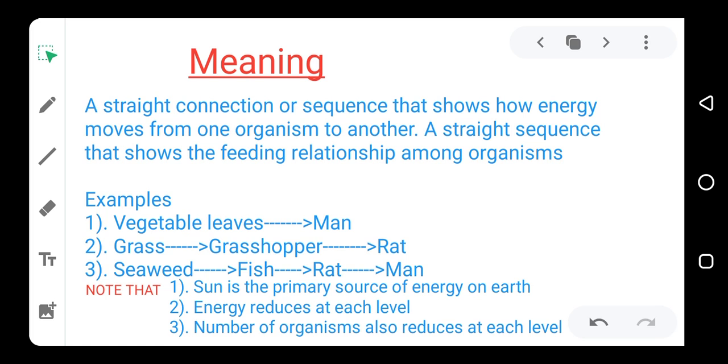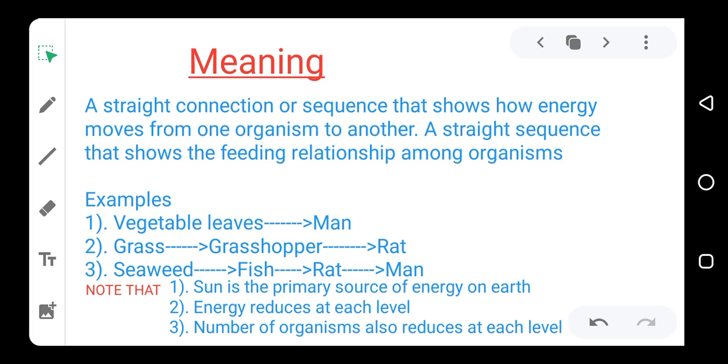So the energy is moving from seaweed inside the sea to man. So we see another indirect way that the energy from something that we cannot eat directly can get to us.